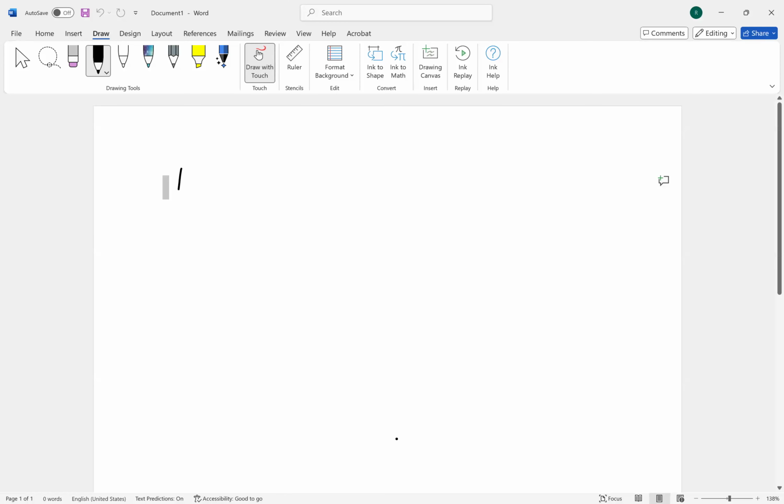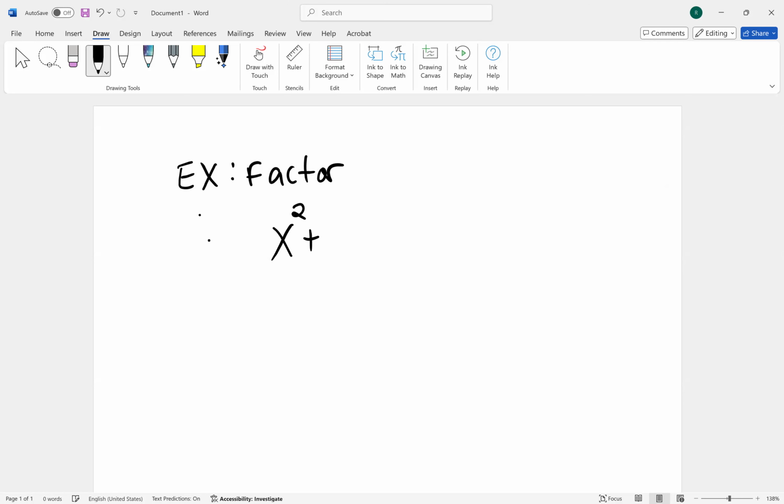So for example, if I said to factor x squared plus 25, even though I could rewrite this as x squared plus 5 squared, right? I have two squares here. It's not a difference. You see how this is a sum?